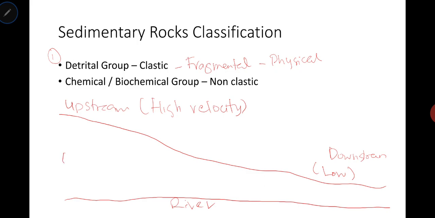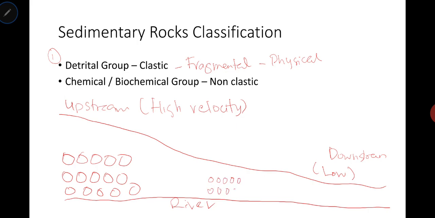The bigger structure or the bigger part of that weathering process will accumulate at the upstream. The intermediate size will accumulate at the intermediate of the river, and at the low stream, the fragments are those who are very tiny in terms of the size.